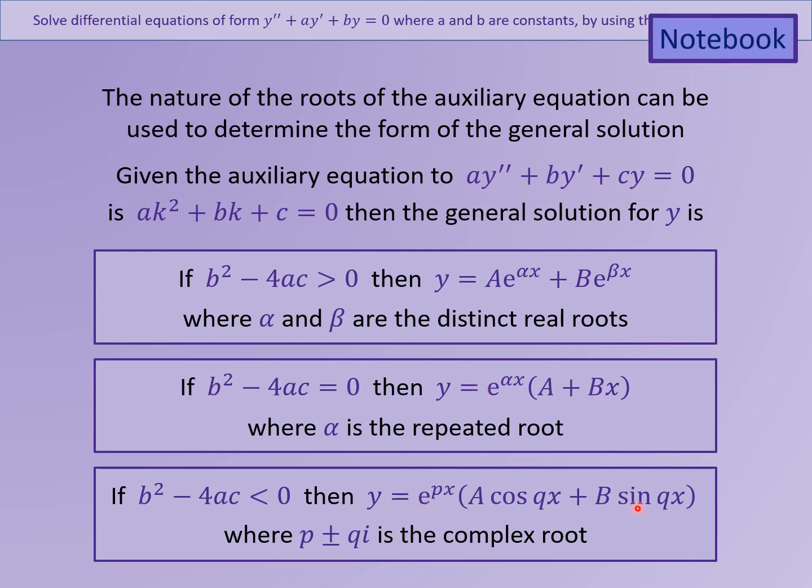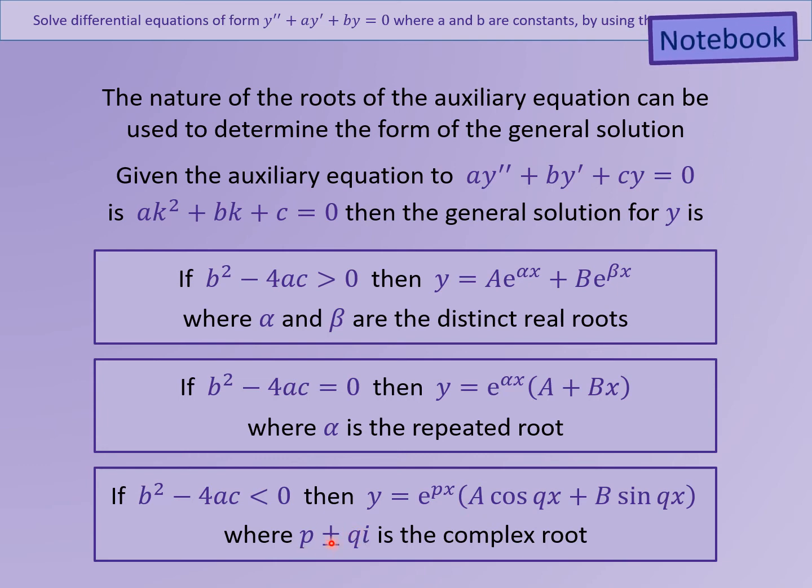Now the p and the q parts come from the complex number itself. So if you figured out the complex root, the real part of it goes as the power of the exponential, and the imaginary part of it, the q part, is the part in front of the x in the cos and the sine.